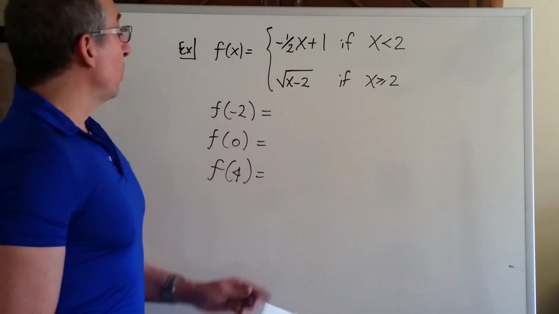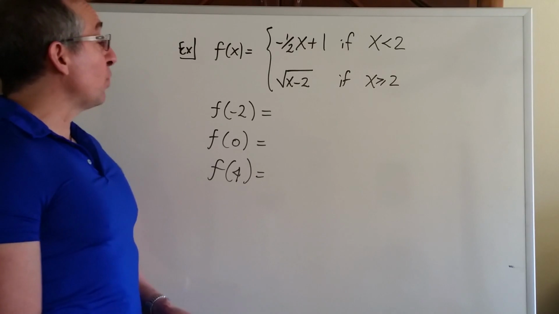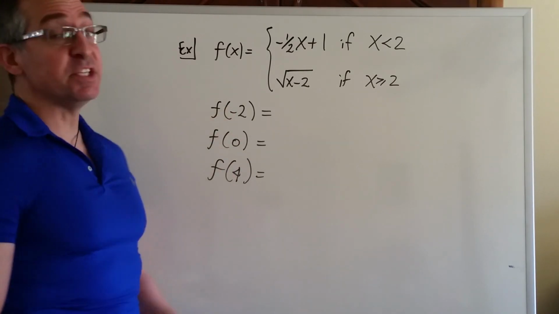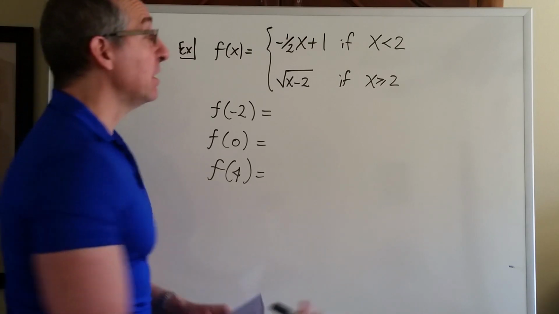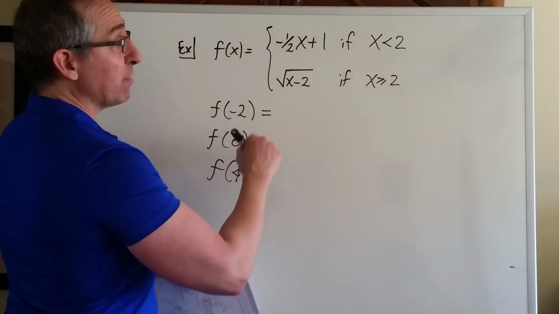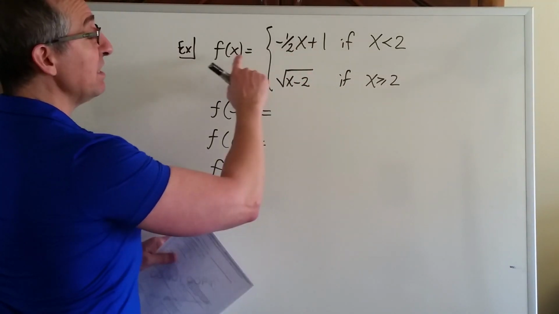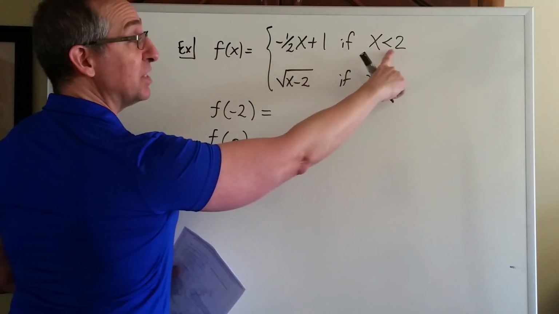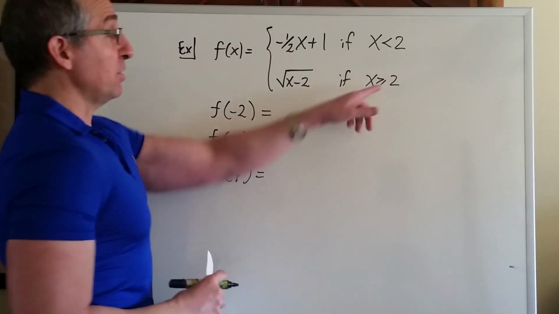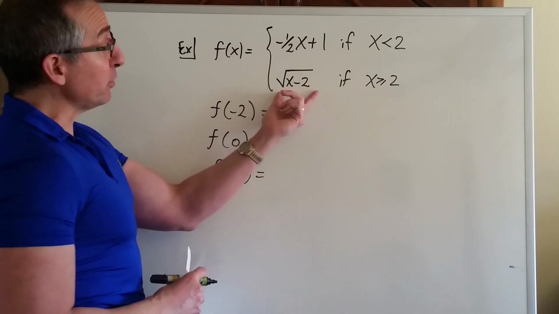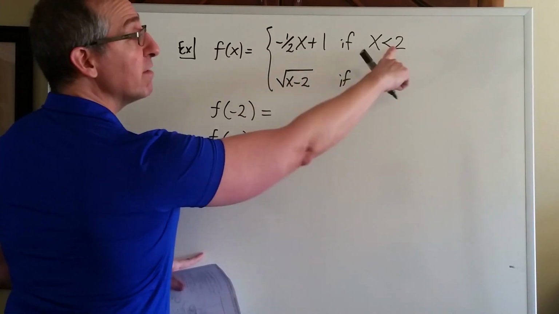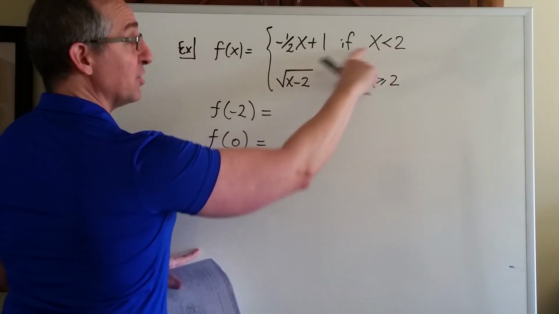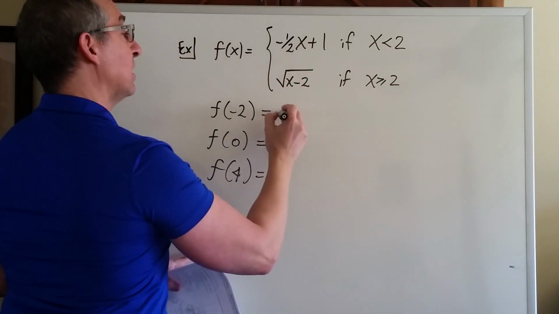Remember, the functional notation means whatever the numbers are inside the parentheses, you want to force those into these expressions here. But you have to be careful, gang, right? There are stipulations on both pieces. The function is equal to this thing as long as you stay to the left of 2, whereas as soon as you go to 2 and beyond, you're going to be using this piece of the function, okay? Notice that negative 2 fits this inequality, and so we're going to be using this piece.